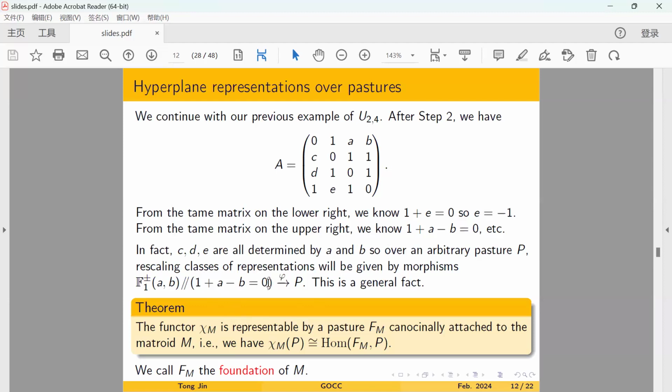How do we give a representation? Well, we only need to give the values A and B here that satisfy this relation. Then we're able to give a representation, and that gives us all of the possible rescaling classes of representations.